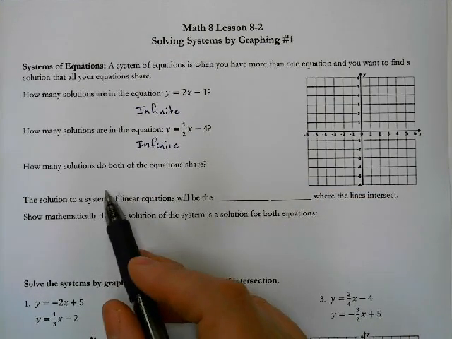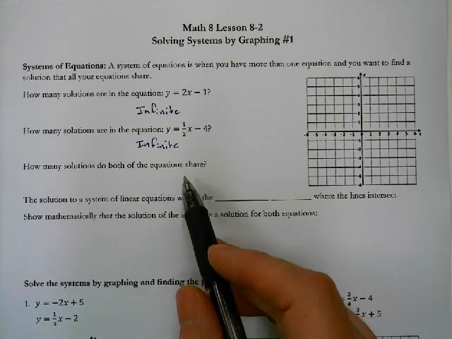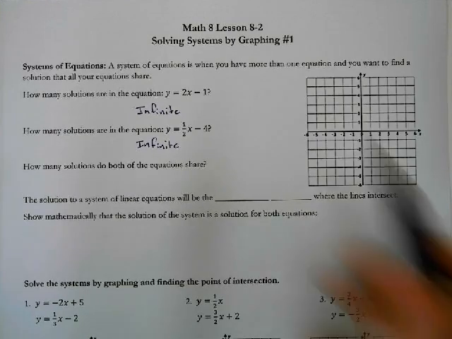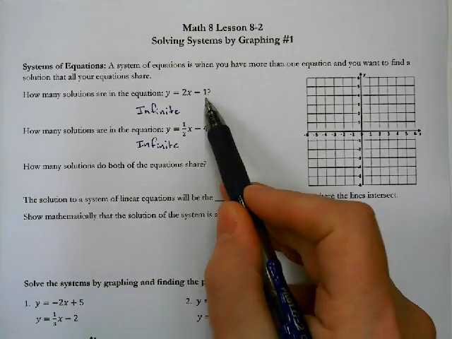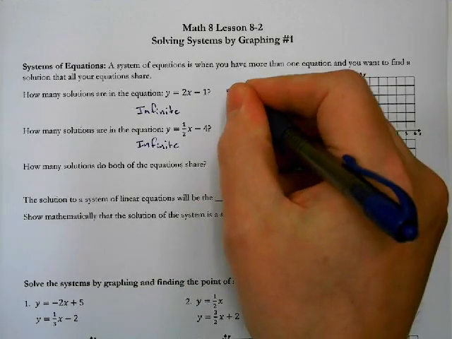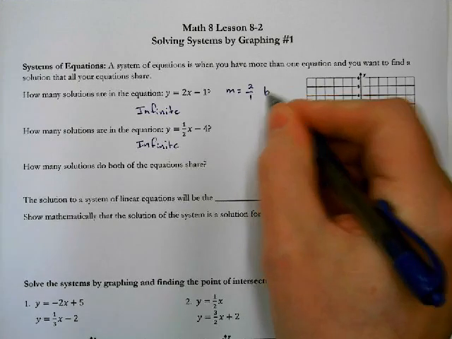But how many solutions do they both share? Let's go ahead and graph them and see, because remember, a graph is just a listing of all the solutions that work. So let's go ahead and graph this using y equals mx plus b. My slope is 2, or 2 over 1. My y-intercept is negative 1.